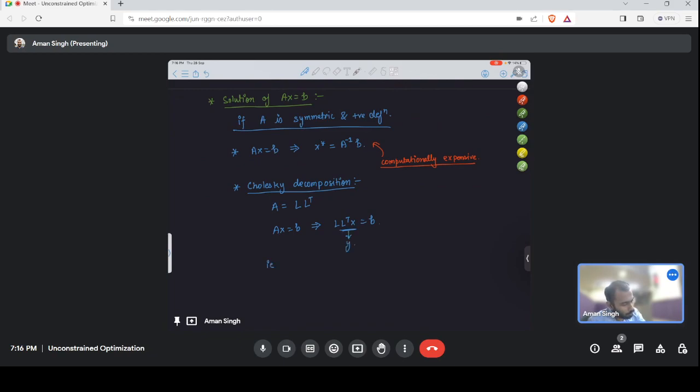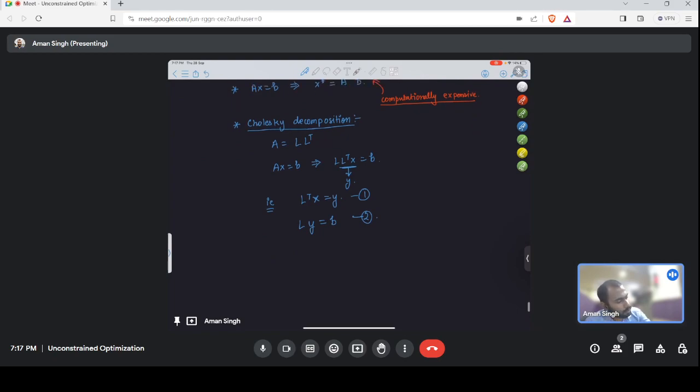So equation 1 is L transpose x equal to y, and equation 2 is L y equal to B. We first solve equation 2, so L y equal to B.